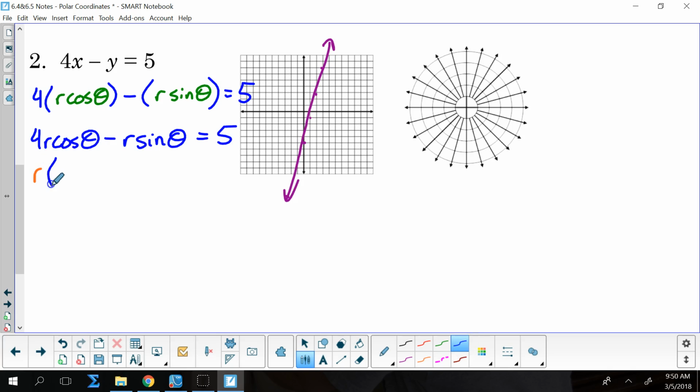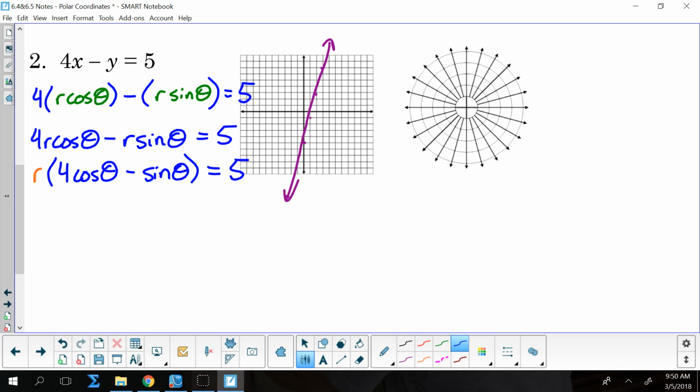What's left over if I factor out an r? 4 cosine of theta minus sine of theta equals 5. Do I have it r equals yet?